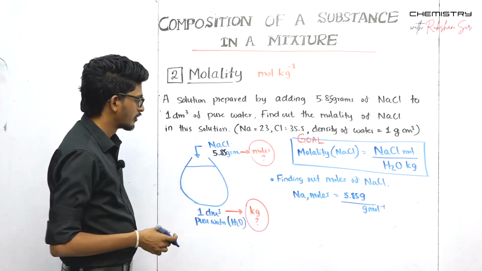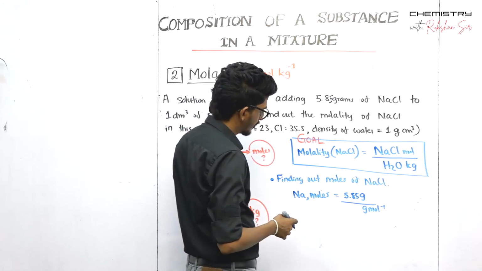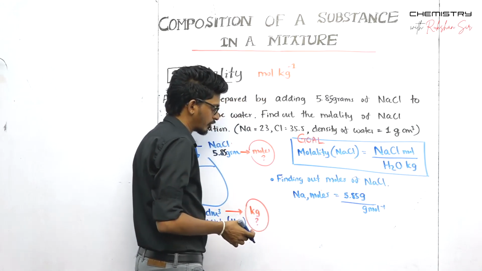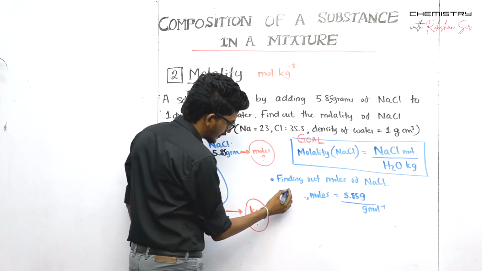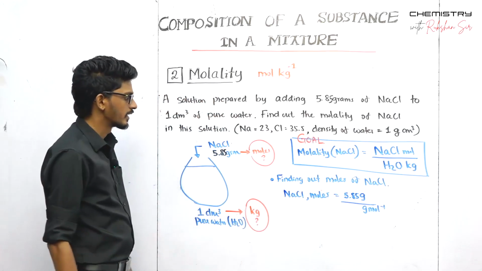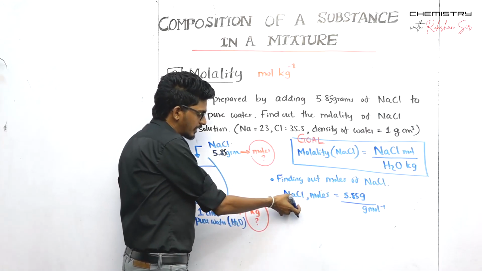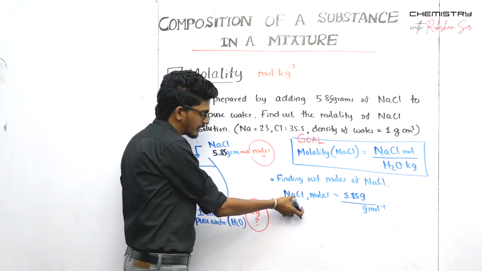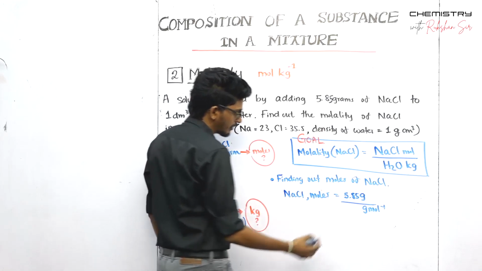So what is the g mol minus 1 value of sodium chloride? The sodium is 23, chlorine is 35.5. 23 and 35.5 will give you 58.5.